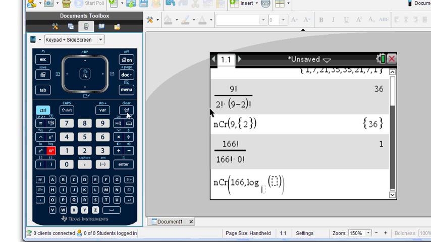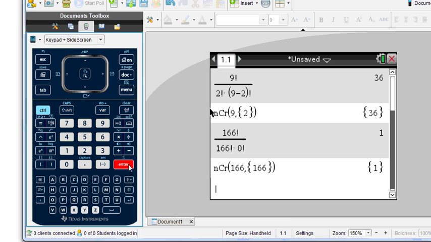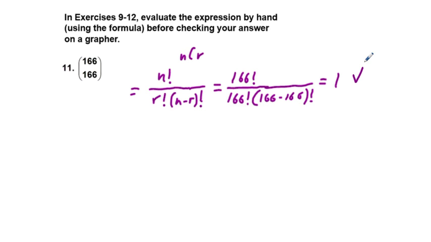Oops, I got the wrong thing there, didn't I? Okay, control, yeah, that's the right thing there. We'll put in 166, we get 1. Same thing. So we checked using the grapher, and that is our answer.